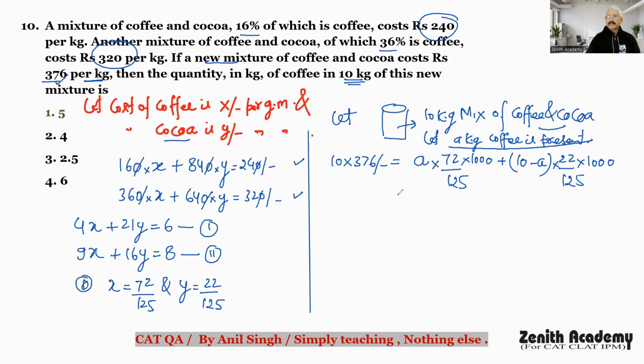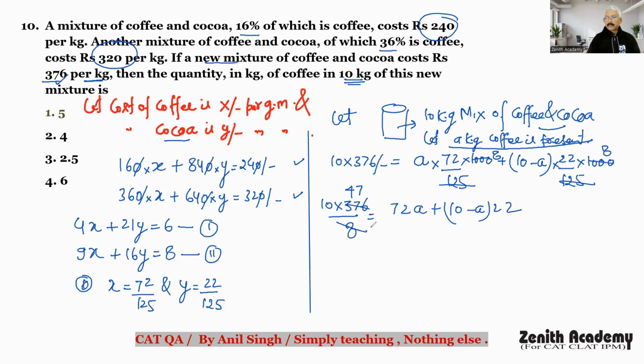So now simplify it. This is 125 and 125, and we can take 8 common. So taking it common, we can solve it. So 10 into 376 by 8 is equal to 72a plus (10 minus a) into 22. So 8 4s and 7s give 470.